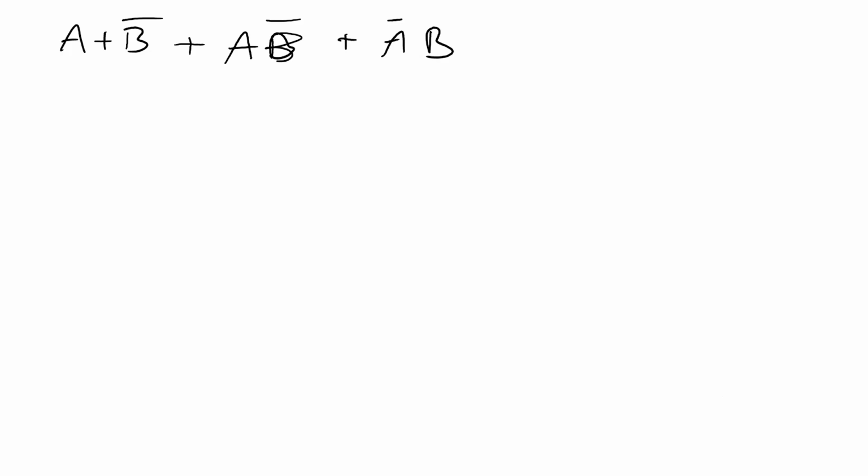I've got not B or A and not B. Okay, well that's an identity, isn't it? Something or something and something else, so that something and something else should just disappear. So that whole thing should just be not B, shouldn't it? So in other words, I've got A or not B, or not A and B.